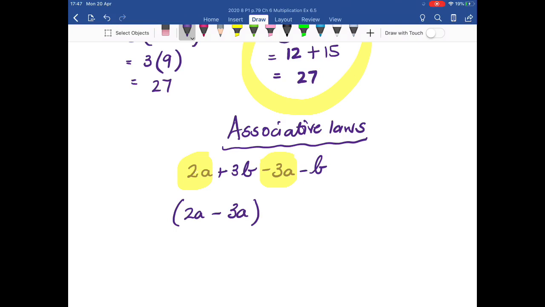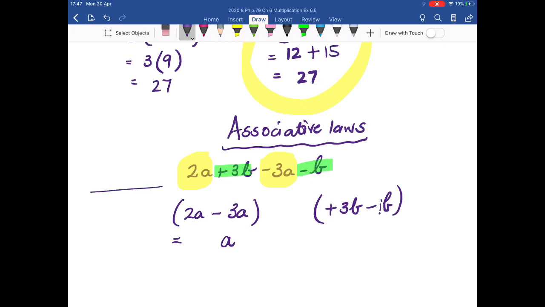Now some of you were struggling with this bracket issue. That's why I don't like to add brackets. And then over here, plus 3b minus b. So in the next group, we're associating plus 3b minus b. And remember, we have an invisible 1 here. So if I've got 2 a's and I take away 3 a's, I write down the surname, a, 2 minus 3.